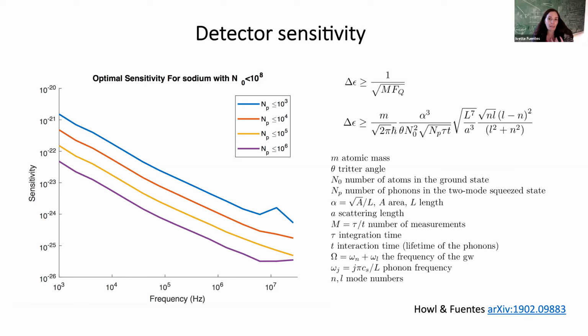We need to put more atoms in the BEC. There's no fundamental reason why you cannot put more atoms in the BEC. Of course, it's more difficult, but that would be one line of avenue to move towards that. The longer phonon times, also the squeezing, for example, that is a big question as well. How many phonons can you actually squeeze in a state? Is also unknown.